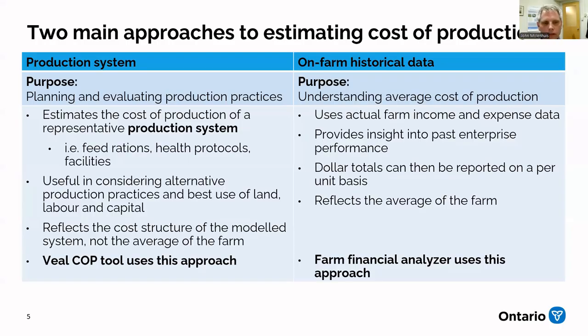So, and it can be a combination of these as well. If you think about the risk management program, it actually uses a combination of these two approaches. So for livestock purchases, like calf purchases, and the feed, they're using a production system approach of tracking calf prices and having a set feed ration and typical average daily gain numbers that are then put together to form that, using more of that production system approach.